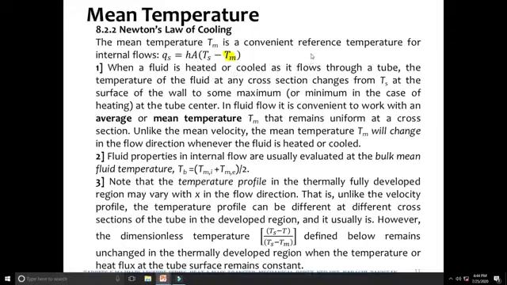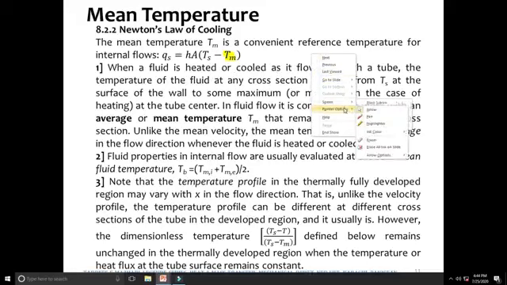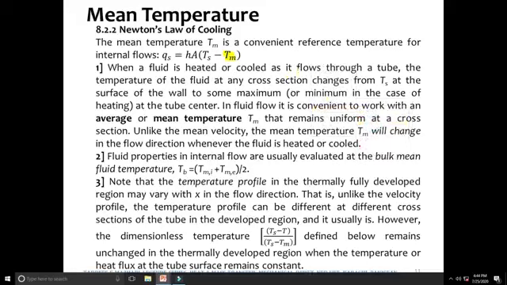So it says over here, when a fluid is heated or cooled as it flows through a tube, the temperature of the fluid at any cross section will change from Ts at the surface of the wall to some maximum or minimum value at the center of the tube.